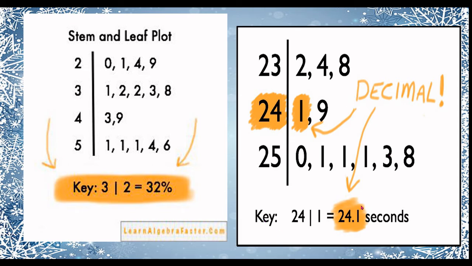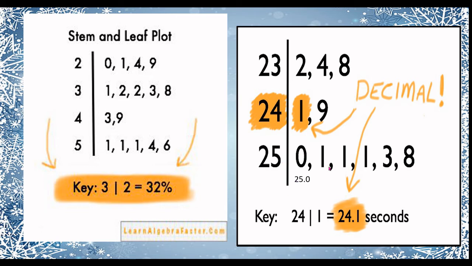Kalau anda tak mention key dekat sini, orang lain mungkin akan salah tafsirkan bahawa ini adalah 232, 234. Padahalnya dia adalah 23.2, 23.4. So that's why the decimal you can do this way also, okay, but you have to mention in the key. After that the unit you just can add on.